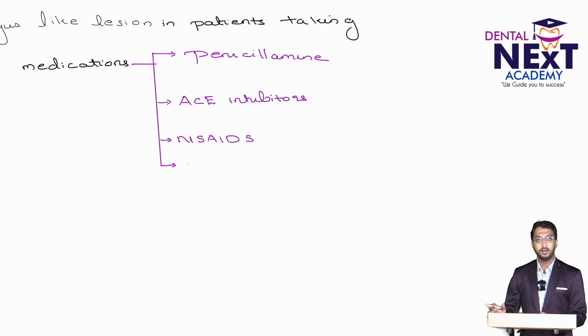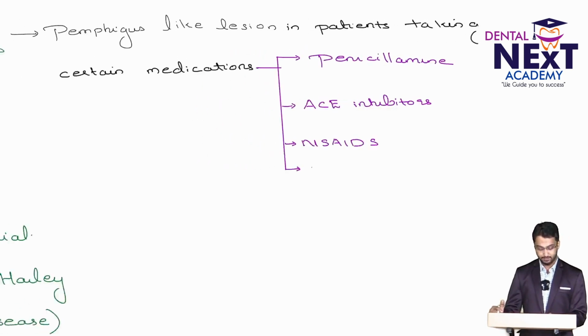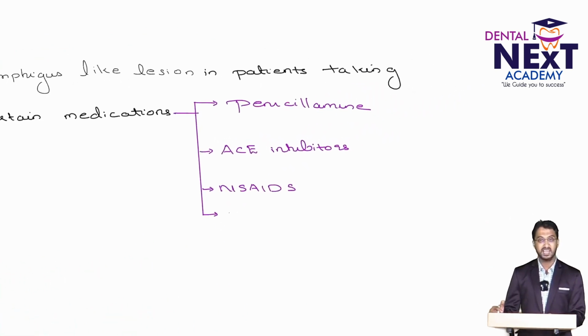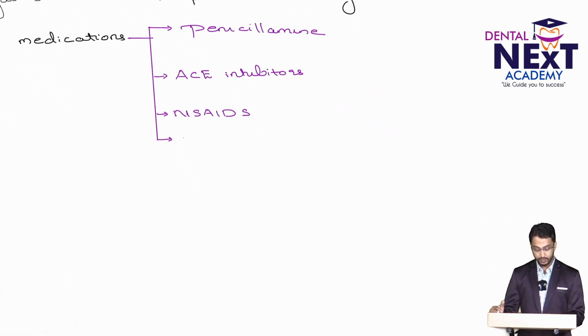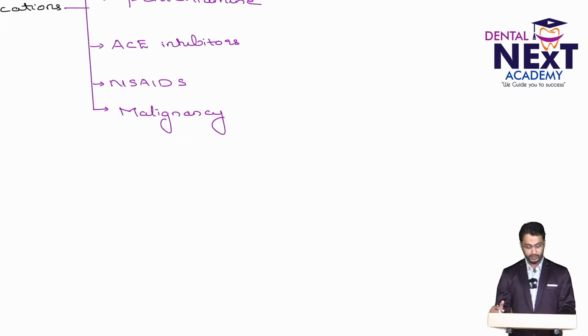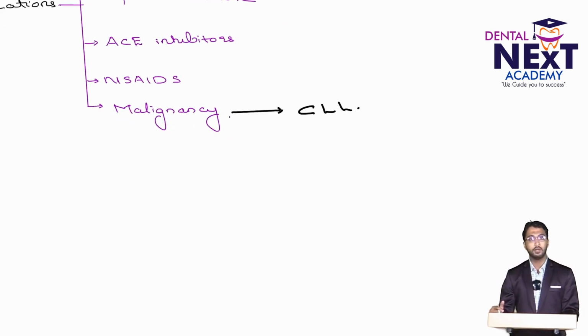Okay, NSAIDs, don't we prescribe too much of NSAIDs? Yes, we can induce this type of pemphigus, which is paraneoplastic pemphigus, a pemphigus-like lesion. In some malignancies, and most importantly, they can ask you a malignancy, which is CLL, chronic lymphoid leukemia.